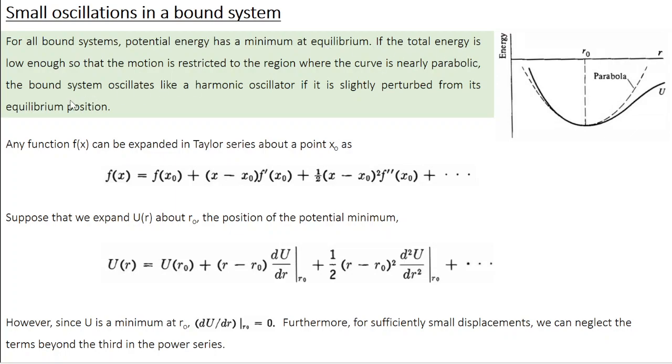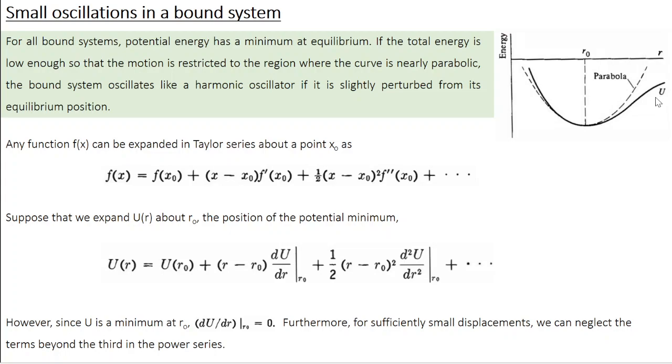Now, if the total energy is low enough so that the motion is restricted to the region where the curve is nearly parabolic, then the bound system oscillates like a harmonic oscillator if it is slightly perturbed from its equilibrium position. So you take any bound system. Let's say this solid line represents the potential energy of a given bound system.